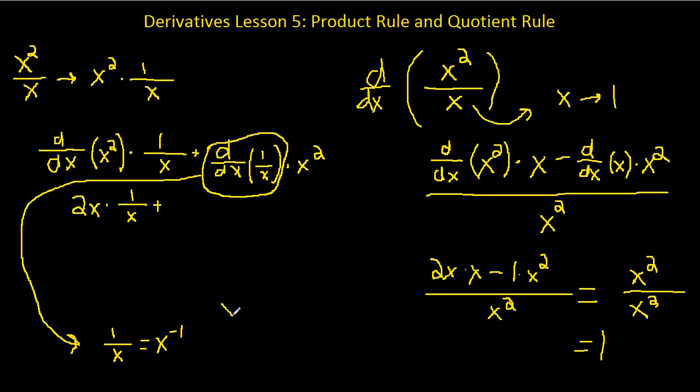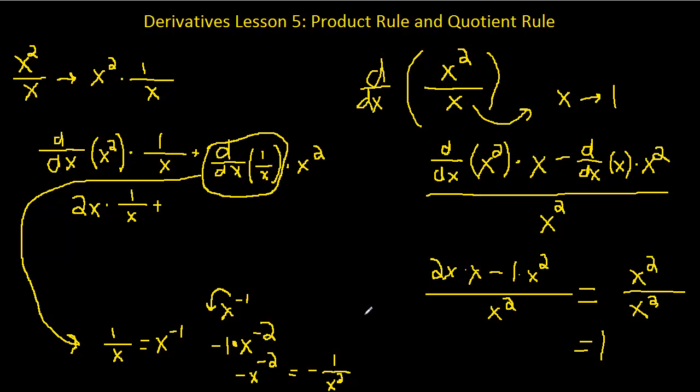So all we do is we take x to the negative 1, take the negative 1 and move it down, and decrease negative 1 by 1. So we have negative 1 times x to the negative 2, because we've decreased this by 1, just like in all of our other questions. And this happens to work for negative exponents too. So what we have is negative x to the negative 2, and this is equal to negative 1 over x squared, because whenever you take something and move it to the top or the bottom, you flip the sign on the exponent.